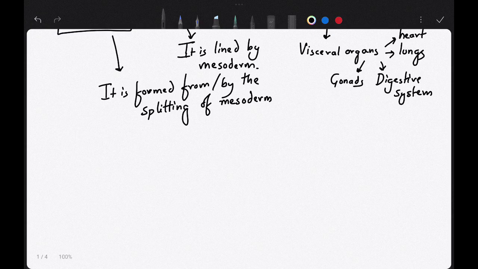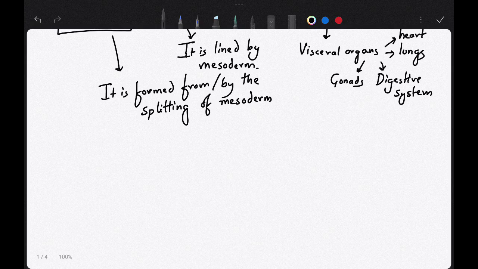Now there are different types of coelom. They are divided into various types based on the coelomic features. The metazoans, meaning the multicellular organisms, are divided into various types based on the presence or absence of coelom or different types of coelom.